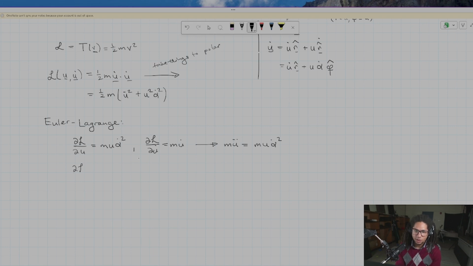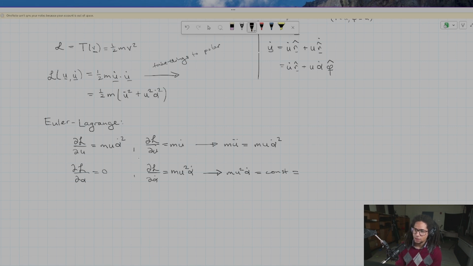Now for my alpha equation, dL/d alpha, well, that's 0. And dL/d alpha dot is m u squared alpha dot. Now this equation gives me that m u squared alpha dot is equal to a constant. Let's give that constant a name.